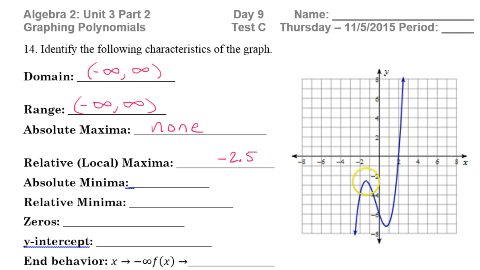Now, if you want to put the x value as well, alright, we're talking about this point right here. So this looks like about -1.5. So you could give me the whole point, -1.5, comma, -2.5.